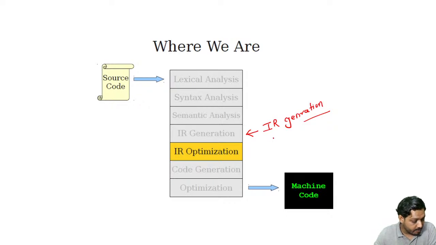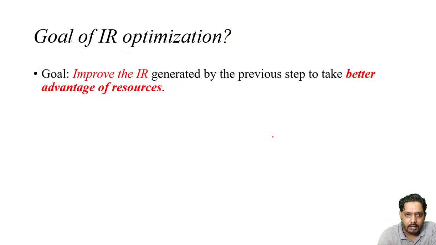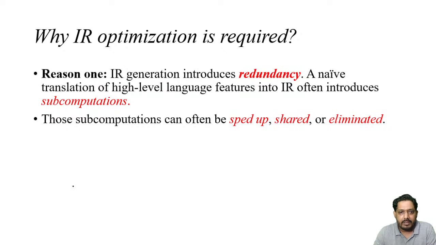Okay. So here the goal is improving the IR code generated by the previous step to take better advantage of the resource. This is the whole idea: improving the code and taking better advantage of the resource. Now, why we have to do this?